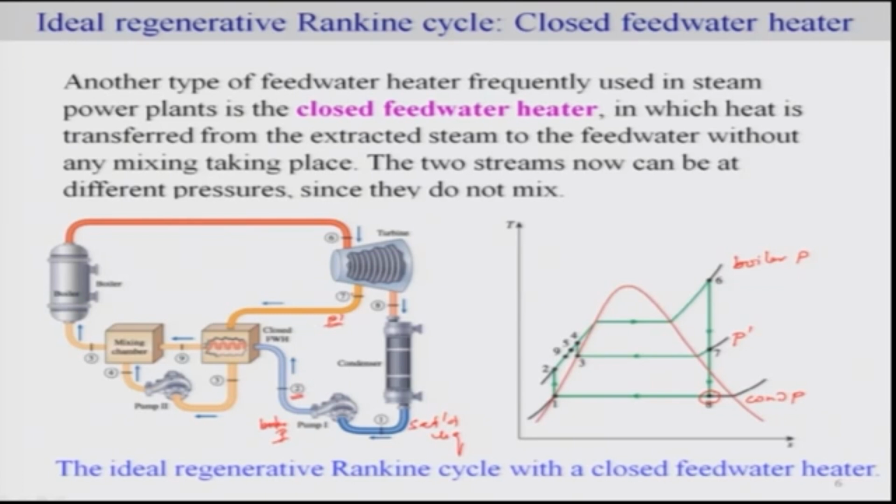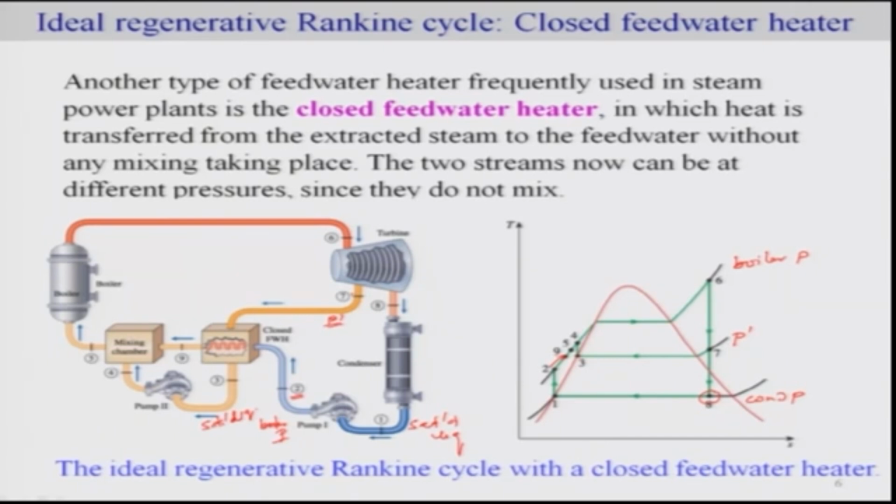Now, this stream 7 exchanges energy without mixing and undergoes condensation such that your 3 is at saturated liquid, that means 3 is here. While doing so, the stream 2 at this constant pressure goes to 9, that is, 9 is at a higher temperature at the same pressure.